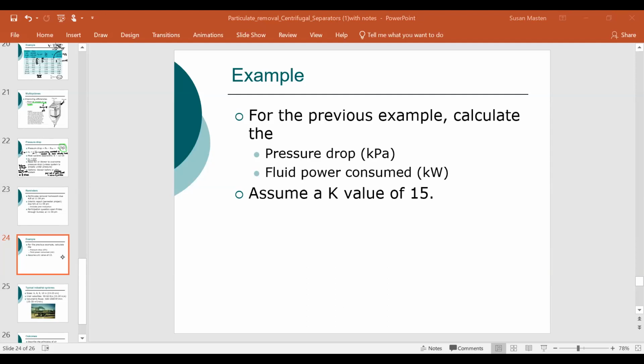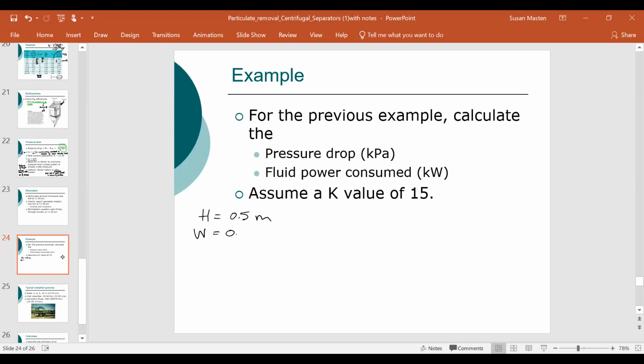Just to reiterate the important parameters that we need: the inlet height of this centrifugal separator is 0.5 meters.